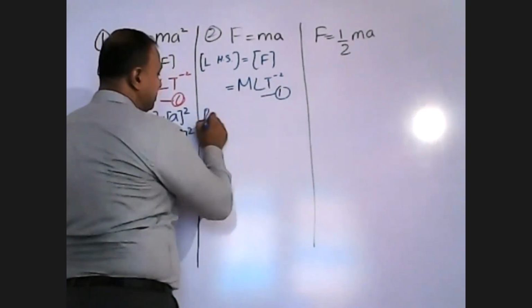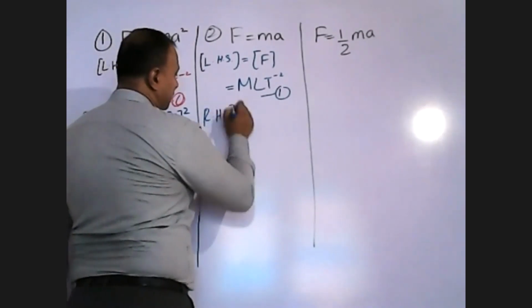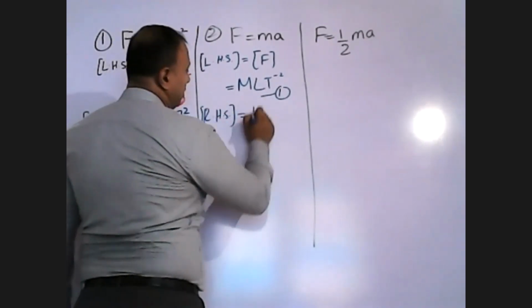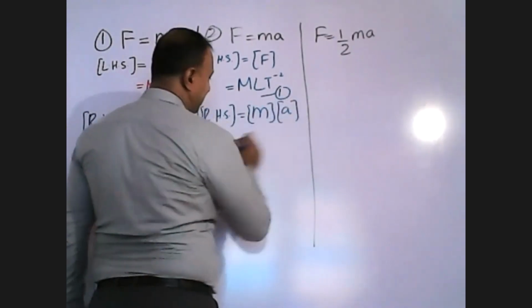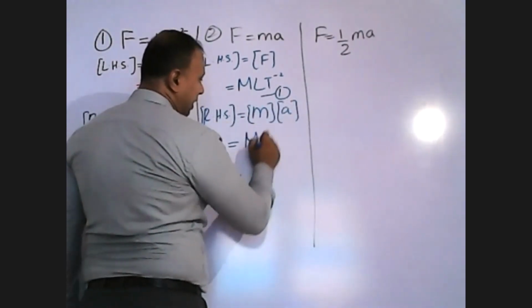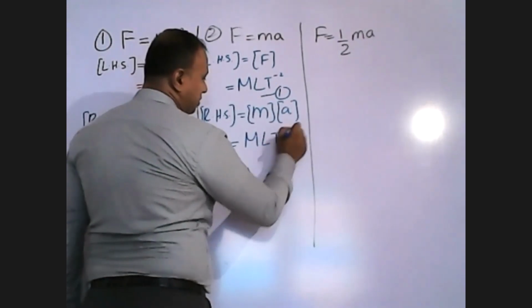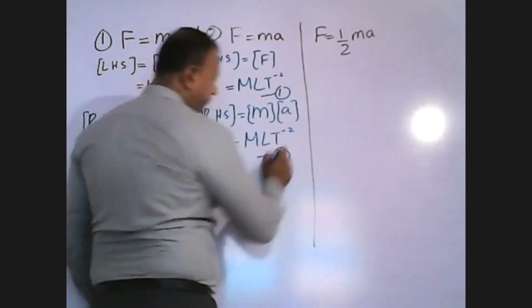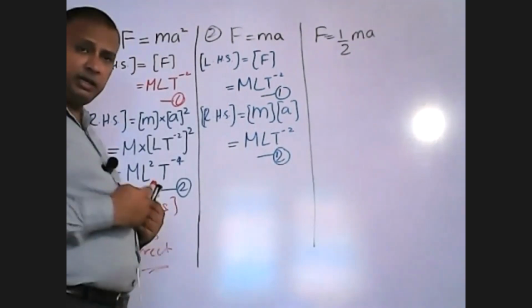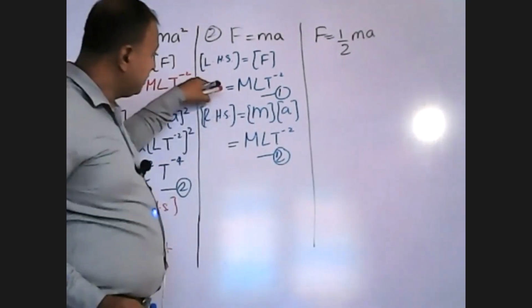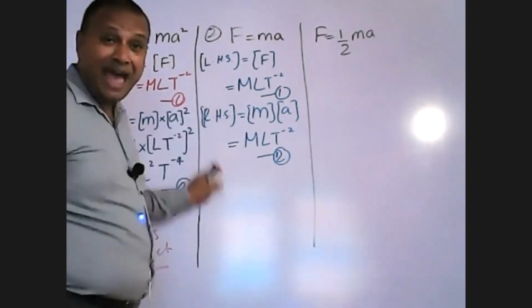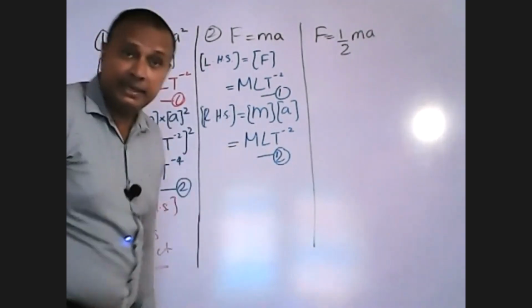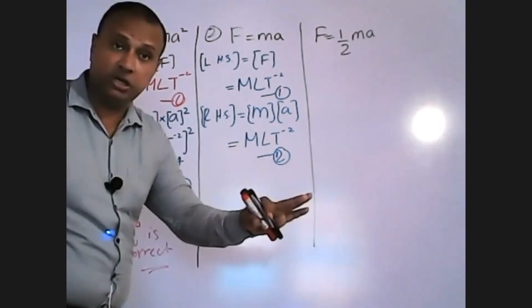Then the dimension of RHS equals the dimension of M into the dimension of A, which is also MLT minus 2. From equation number 1 and equation number 2, we can say both LHS and RHS have the same dimension.